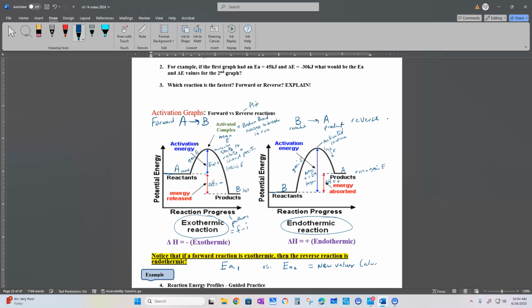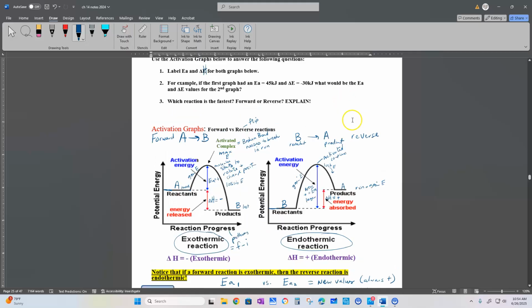But always positive. What happens to delta H? Delta H forward versus delta H reverse, it's what we call a flip of the sign. One is just going to be positive, the other one's just going to be negative, but it's the same number value. Just one is positive, one is negative, okay?